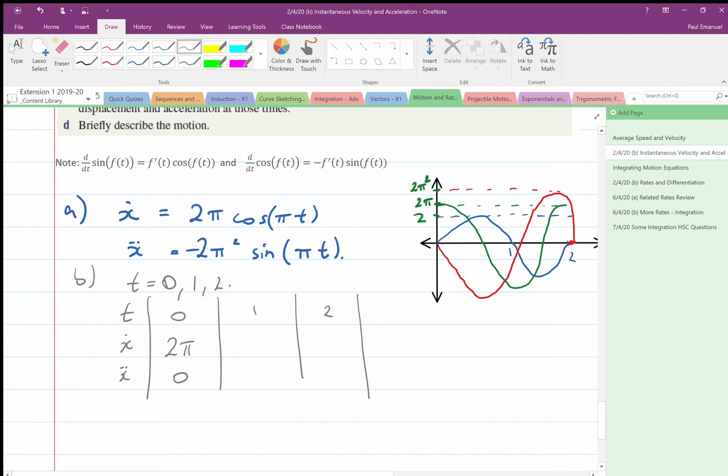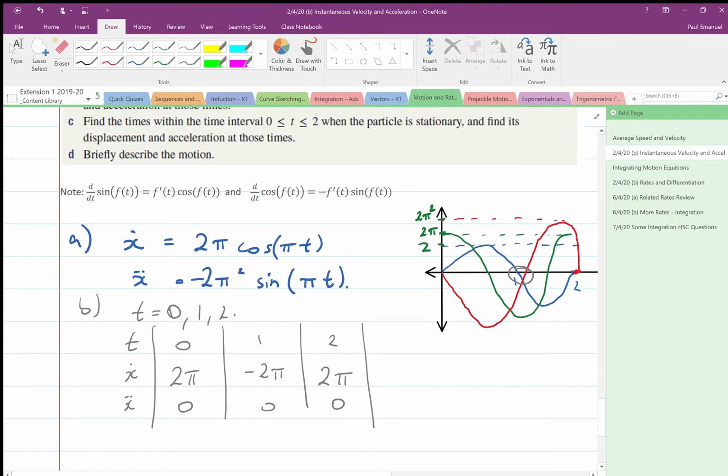When t equals 1, the acceleration should be minus 2 pi, and the velocity should have been 0. I should have passed through here. You've probably been annoyed at that this whole time. And then we get 2 pi and 0 there as well. So it turns out that when it's passing through the origin, it's also not accelerating.